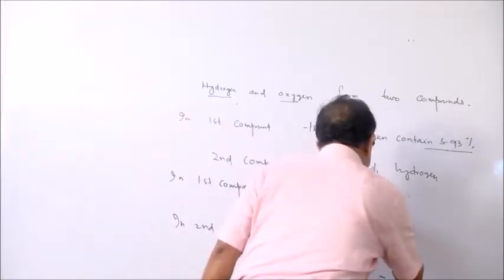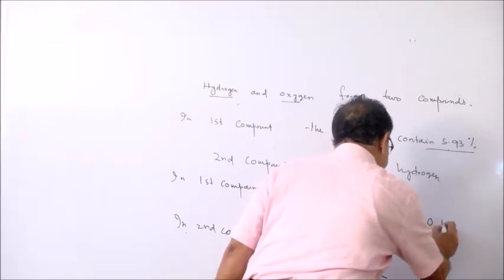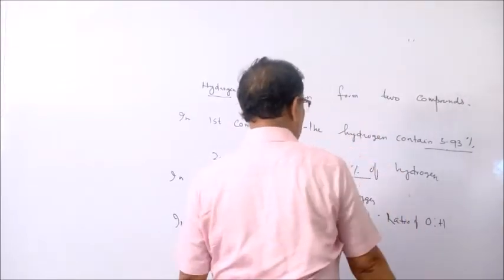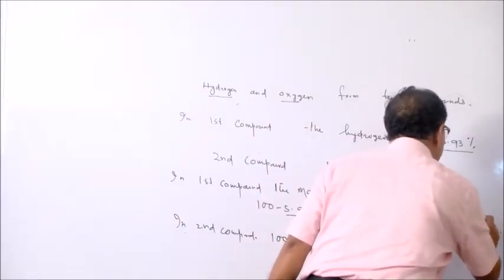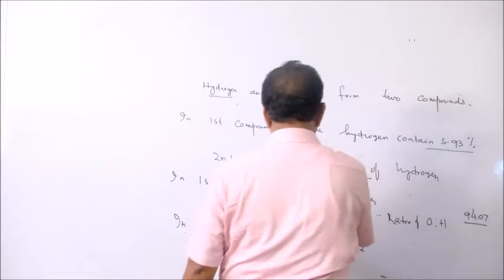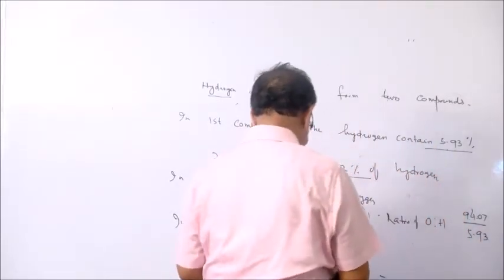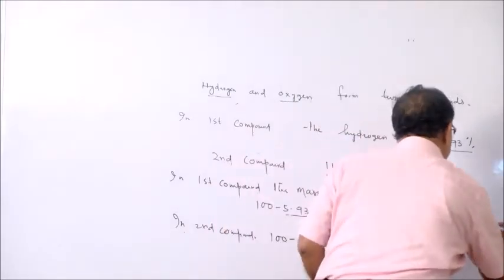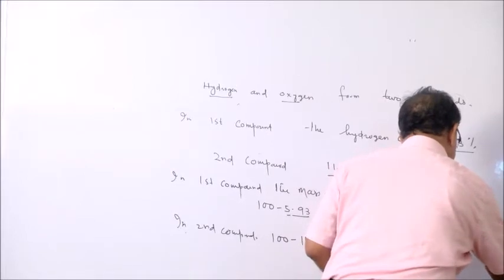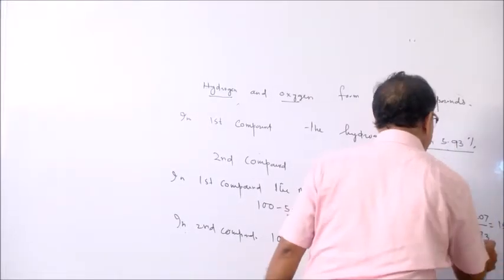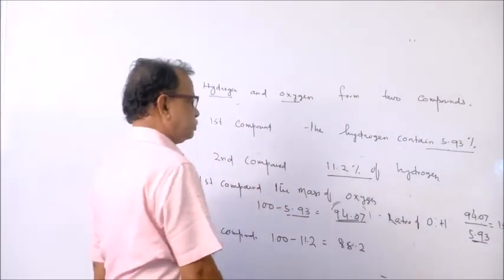The ratio of oxygen to hydrogen in the first compound is 94.07 by 5.93, that is equal to 15.86. If hydrogen is 1, it will be 15.86 of oxygen.